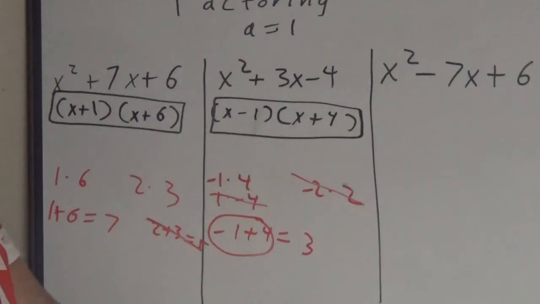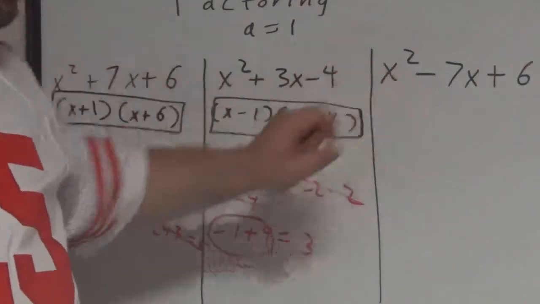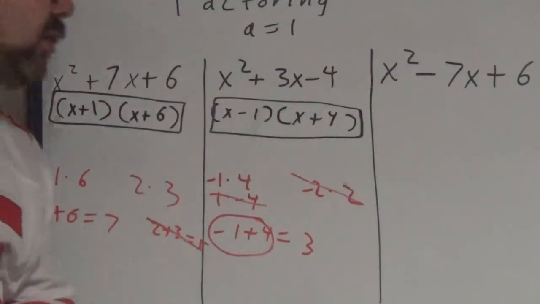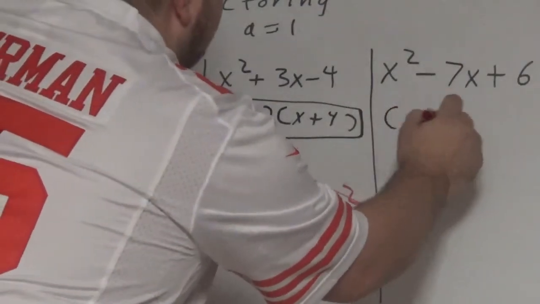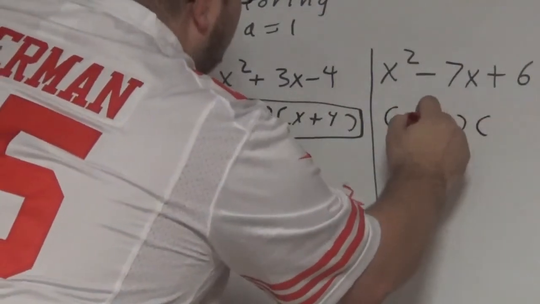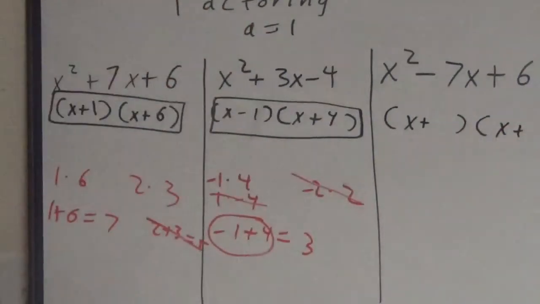Now I'm going to do the last one. Notice x squared minus 7x plus 6. It looks just like the first problem, except instead of a plus 7x, we have a minus. Okay, I'm going to start with the same idea. Putting it in our proper format, we need to fill in the numbers.